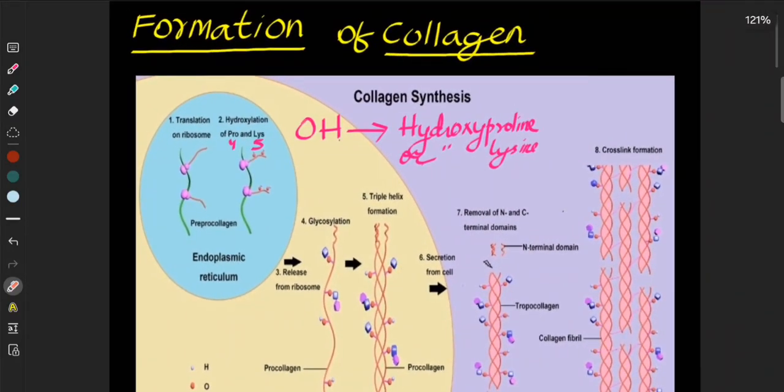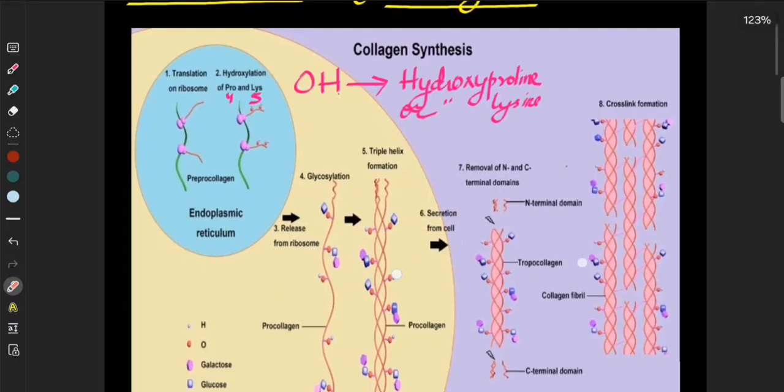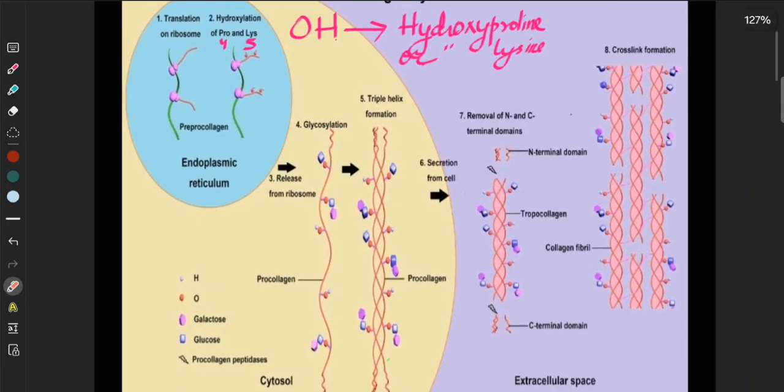After the hydroxylation and formation of hydroxyproline and hydroxylysine, this particular protein pre-procollagen will come out in the cytosol. And when it comes into the cytosol, the process called glycosylation takes place. So what exactly is glycosylation? It is actually the addition of sugar moieties.